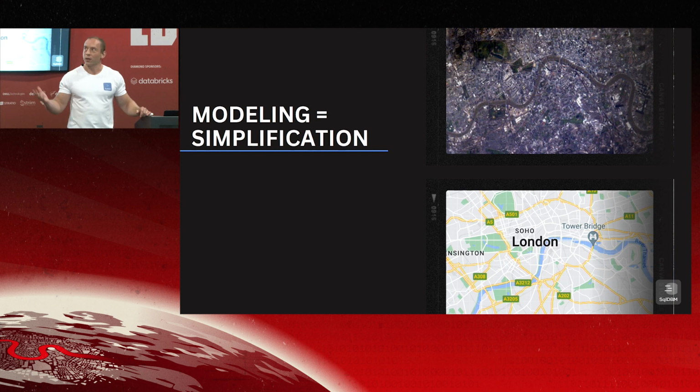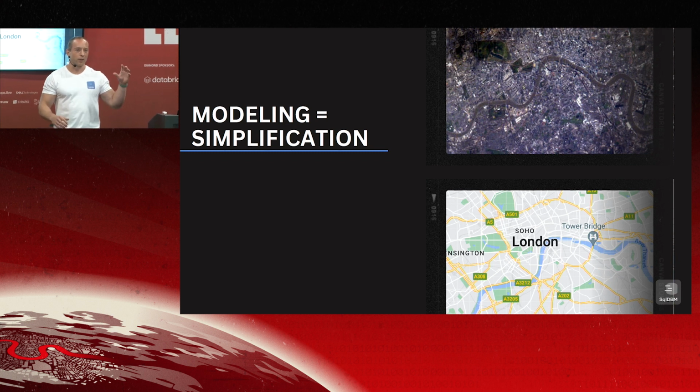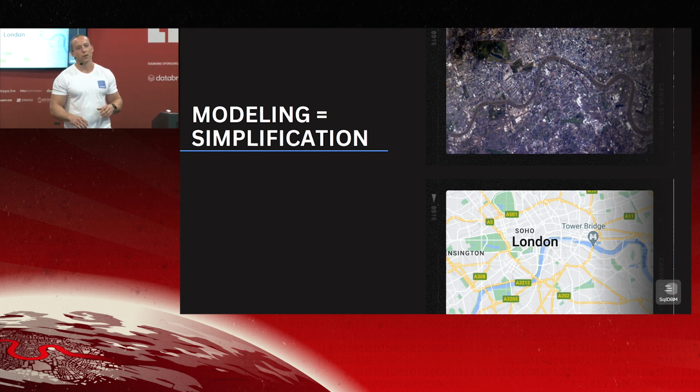Because what is a model? Just like we see up here, a model is, simply put, a simplification. It's something that lets you break something down and understand it at a high level before you dive into the nitty-gritty. The Google map is a great simplification of the actual terrain of London. You can look at it from a top level to orient yourself where things are in the city.